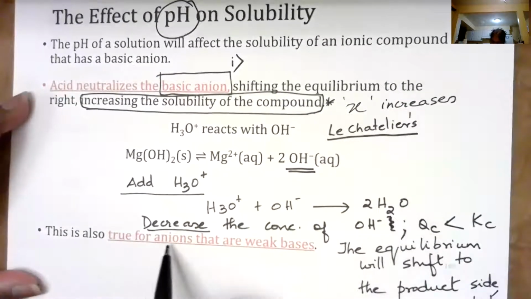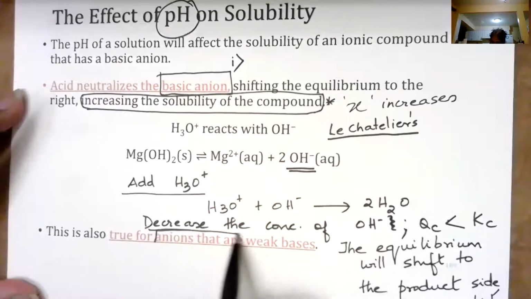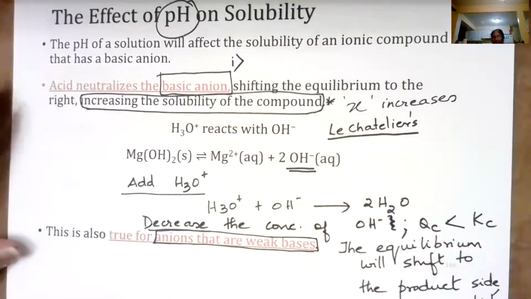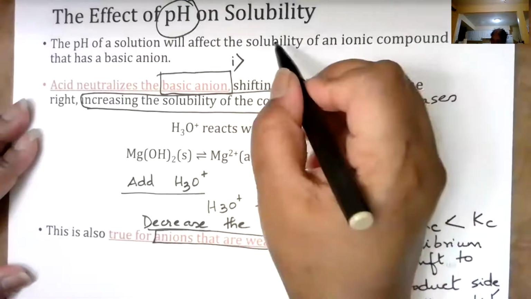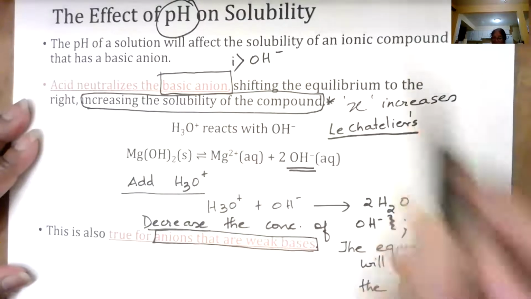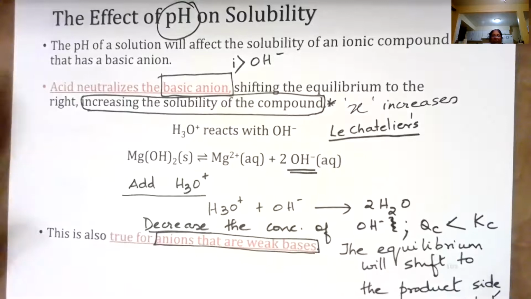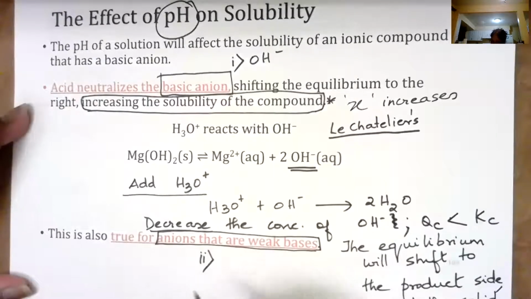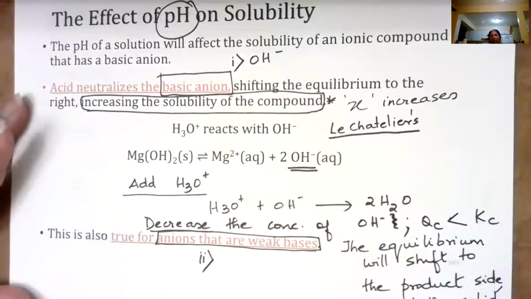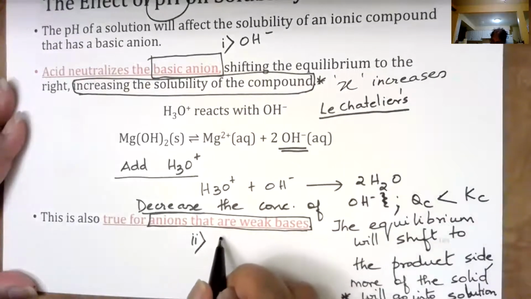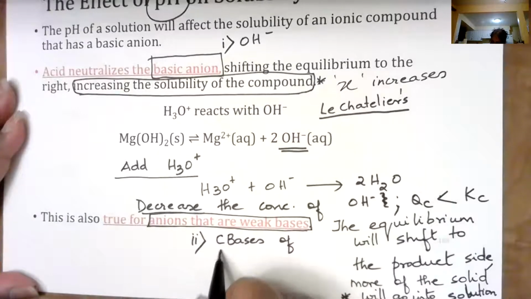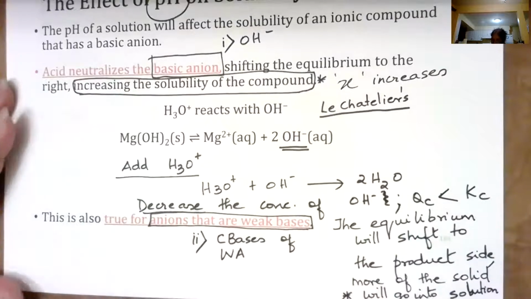And it says here, it's a little tricky the way it's written: it is also true for anions that are weak bases. Okay, a basic anion here, I'm going to be very specific, something like the OH minus ion. Next, we are going to look at anions that are weak bases. So these are, for example, the conjugate bases of weak acids.